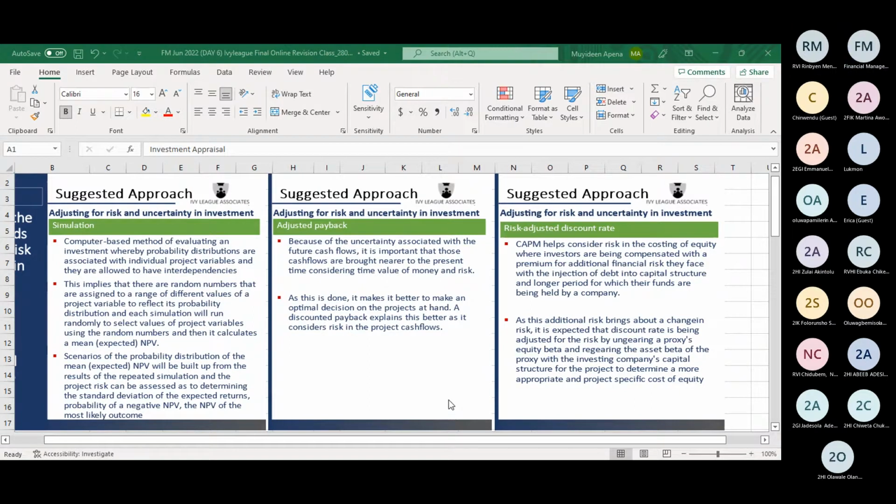Camilla, nothing from my end too. Okay, Erika, you're fine. Martina, you're fine. Good. I'm good to go. You're also good. That's fine. Ebuka, good. Okay.